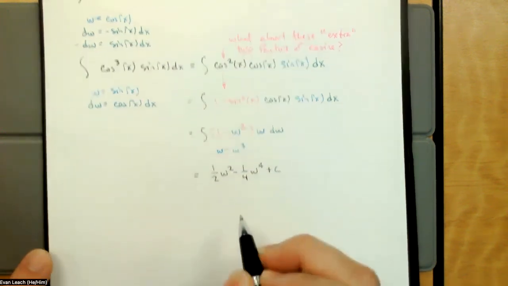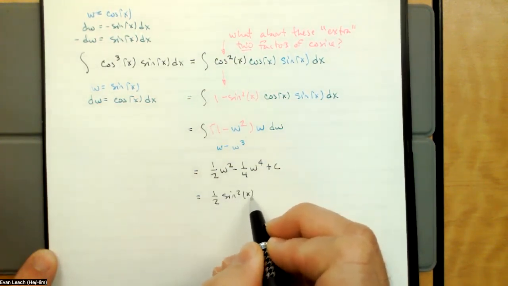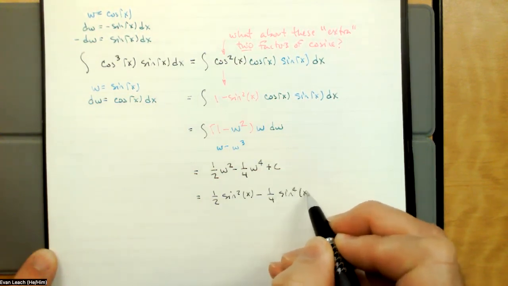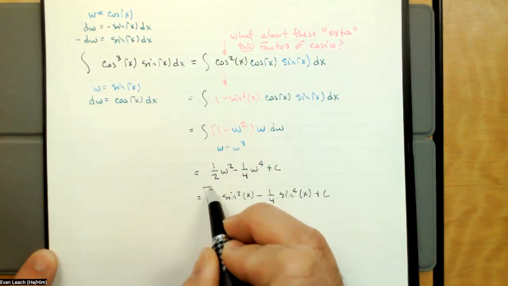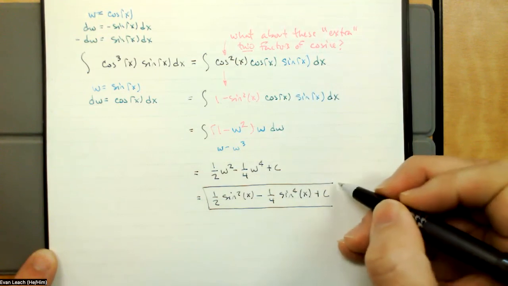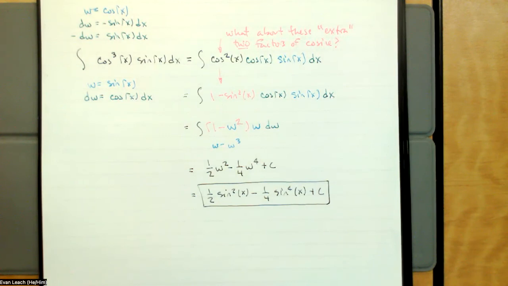So 1/2 sine squared x minus 1/4 sine to the fourth x plus c, which doesn't look like cosine to the fourth, depending on how much trig you remember.